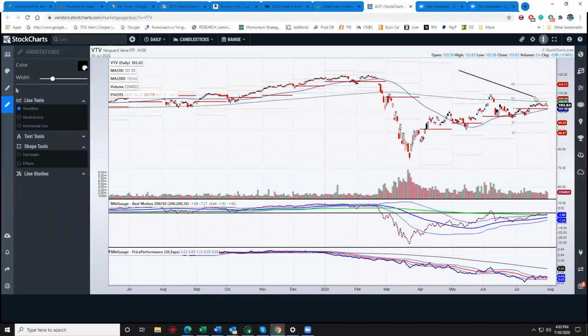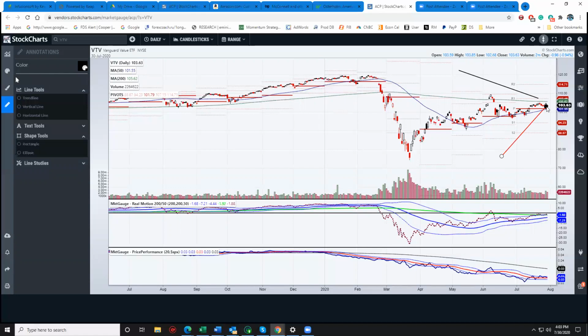where the chart is here. We are still in what I would call a decent recovery phase. Why? Last price in value stocks here, the group of value stocks as measured by Vanguard's Value Fund, we're sitting under the 200-day moving average and just above the 50, but that's a recovery phase.